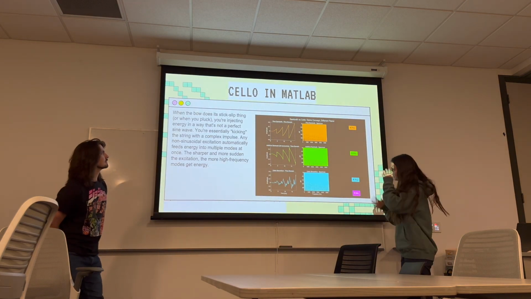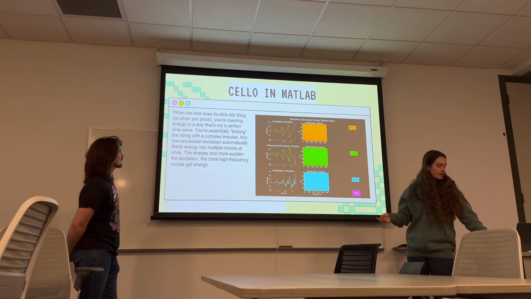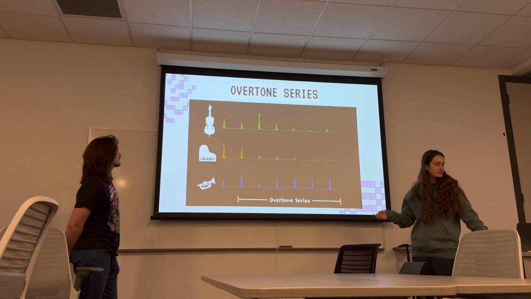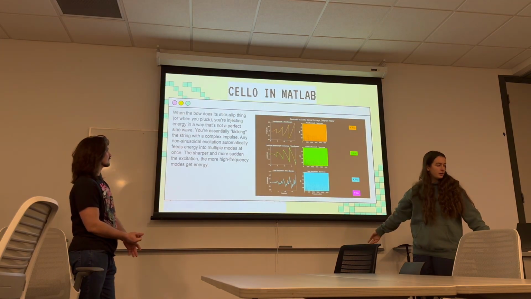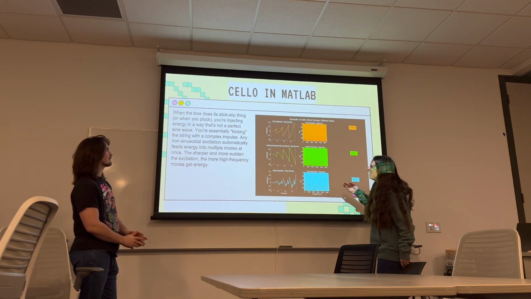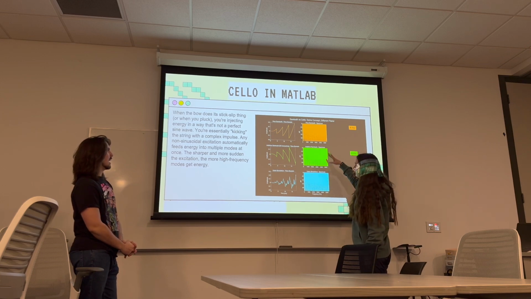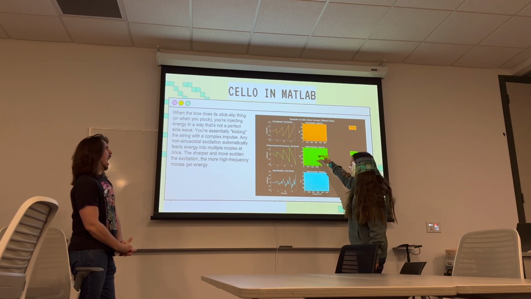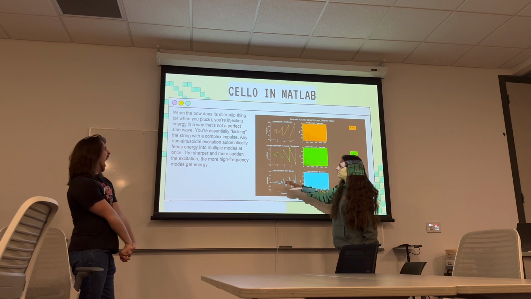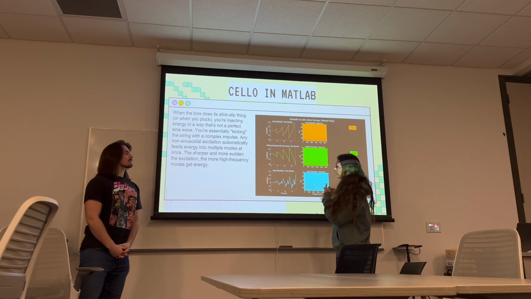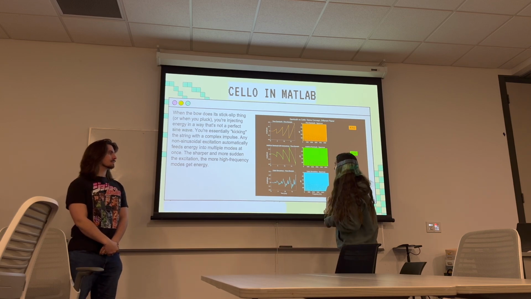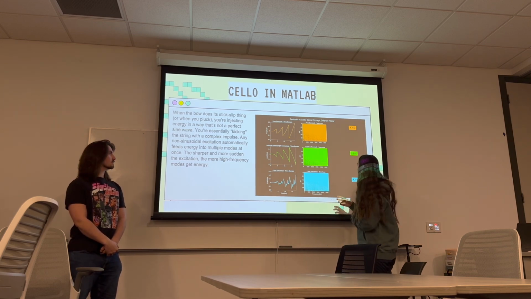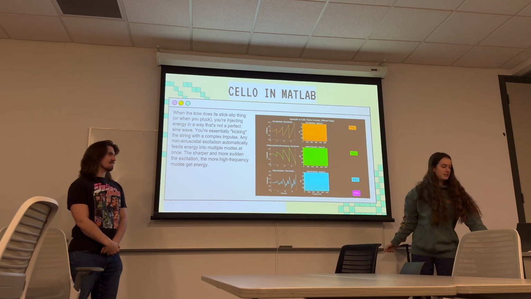And so yeah, I did some simulation based on this YouTube video that I saw earlier. I wanted to simulate these myself. So we have the cello in MATLAB, and you can add harmonics, and then you can add different filters, I guess, to represent what the cello would actually look like. And I'll play these for you later so you can see the differences.